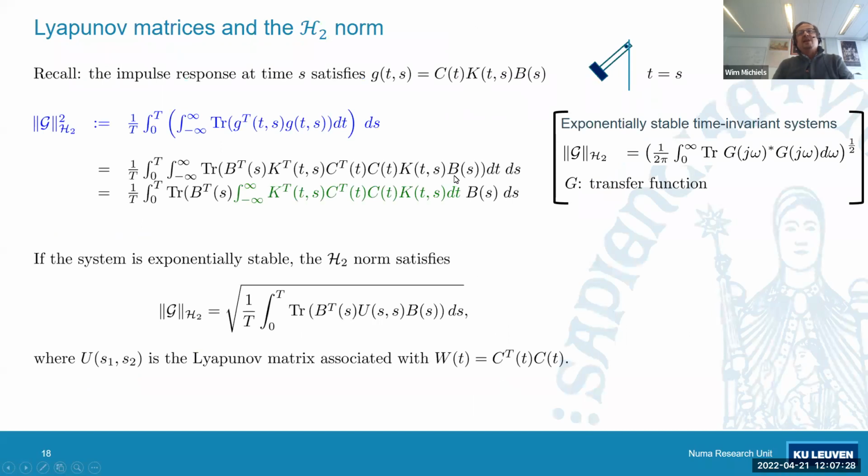For a time invariant system, the H2 norm also has an interpretation in terms of the L2 norm of the transfer function under the assumption of exponential stability. So you have, I think it's Parseval's theorem, some type of duality, but of course in the time varying case, we cannot talk about the transfer function anymore, but we still have the time domain interpretation.